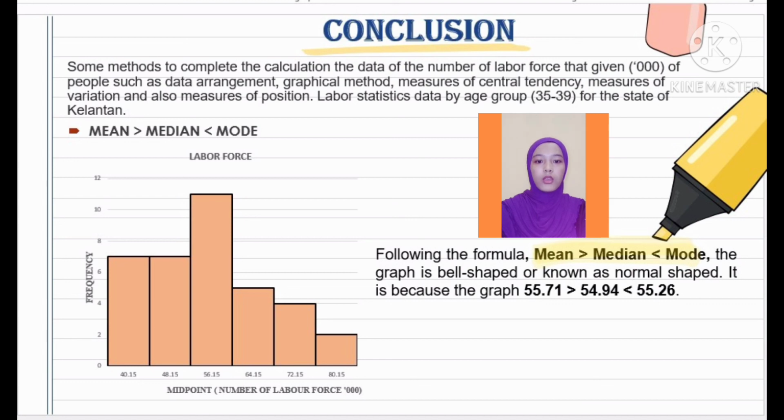The graph which has been shown is bell shape, or known as normal shape. It is because the graph shows 55.71 bigger than 54.94 and smaller than 55.26. That's just the conclusion from me about data of labor force in Kelantan.